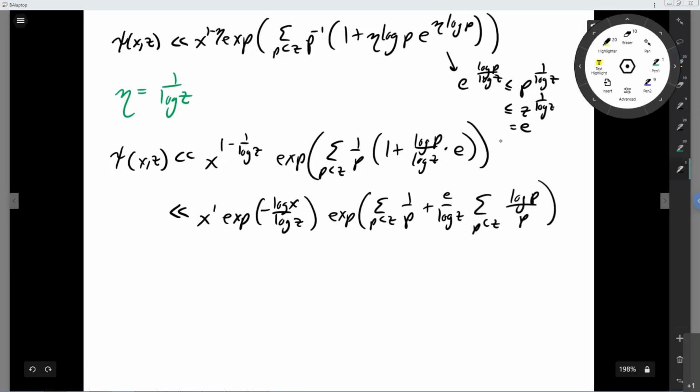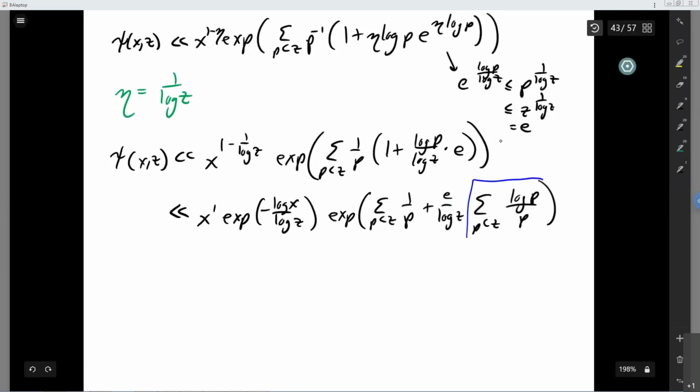And both of these sums are sums that we looked at yesterday. This is log z plus big O of 1.